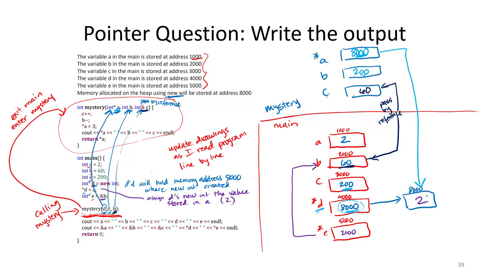So mystery is going to receive that variable 60, but any changes made to c by mystery will also change c, or I'm sorry, variable b in main due to pass by reference. So it's helpful to note that in your picture so that you remember.